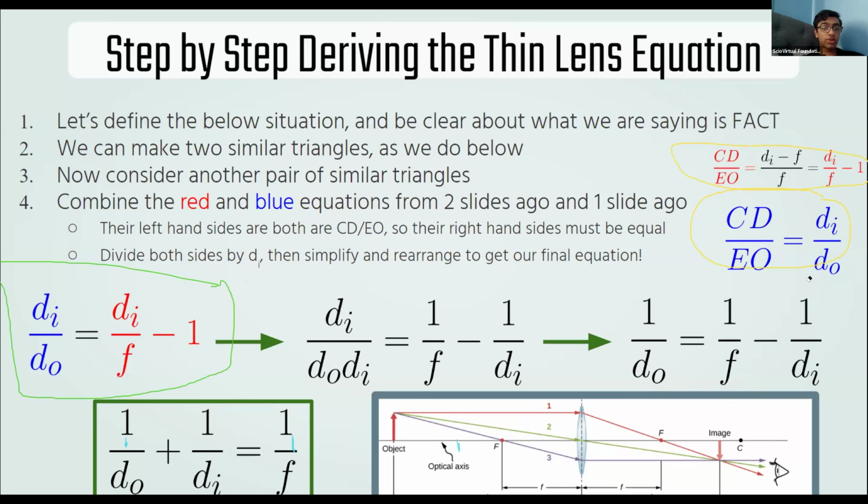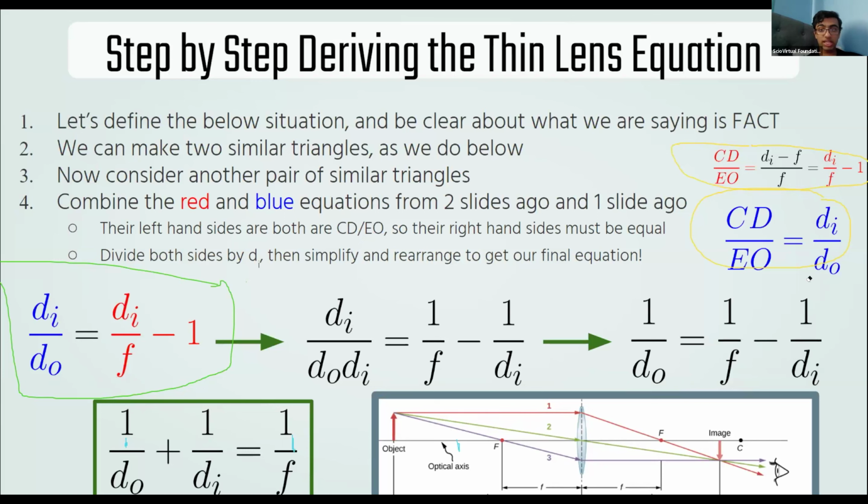Okay. So then, given this DI over DO equals DI over F minus 1, we divide both sides by DI. So you can see on the left side, I still wrote out the DI in the denominator. On the right side, I divided out DI over here. So DI over F divided by DI is 1 over F. And then minus 1 divided by DI is minus 1 over DI.